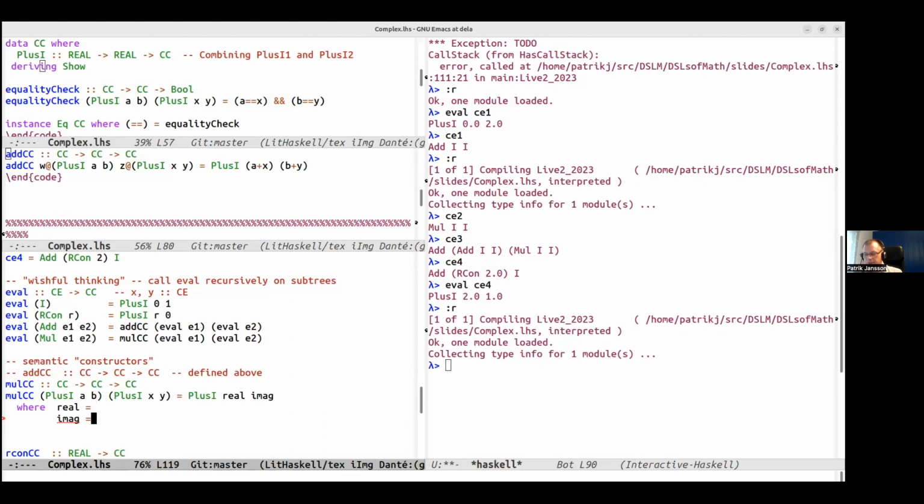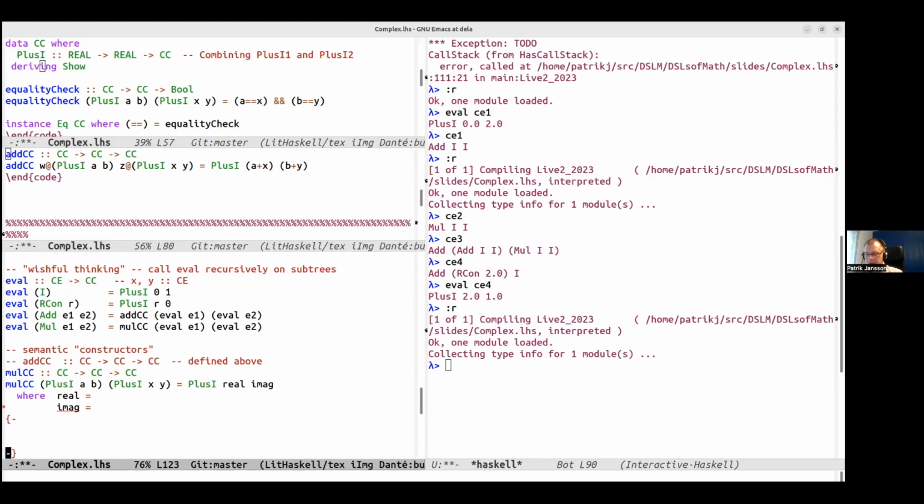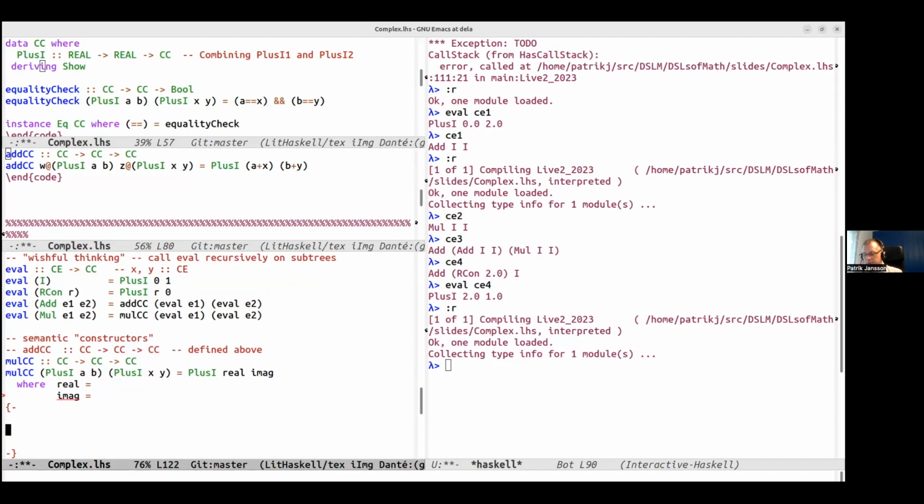And usually the way this is done, let's make a comment here locally and say, well, I will write sort of mathematics in Haskell for a little while. So a plus bi. This is supposed to be the multiplication of a plus bi and x plus yi.